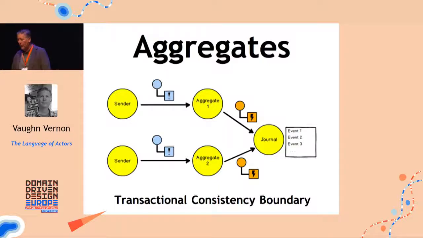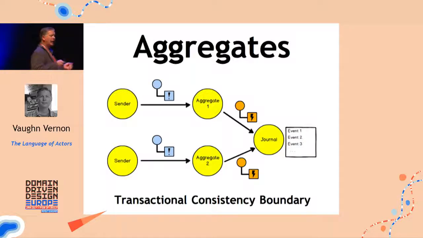It's abstracted away, and that journal takes care of asynchronously persisting the events and asynchronously informing the aggregate that the events were persisted, and in that case allows the actor to know that it can then transition its state to reflect the fact that these events are golden at that point in time.